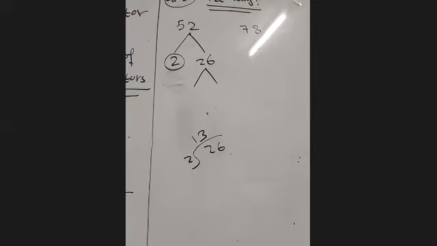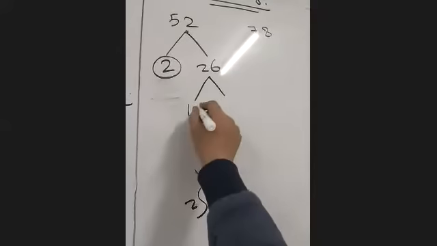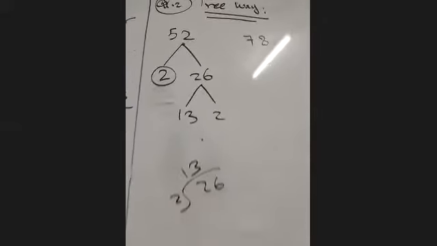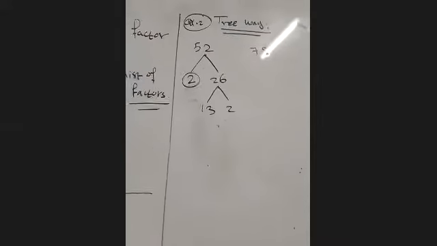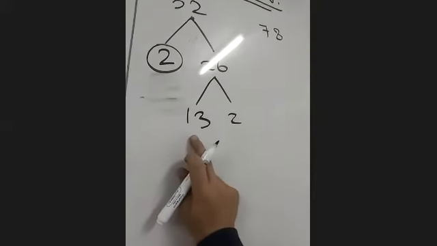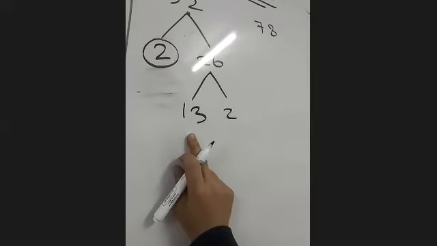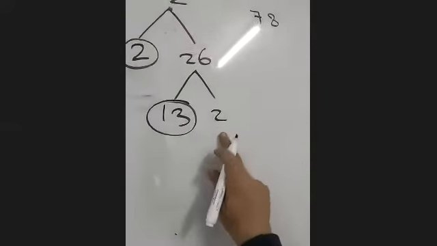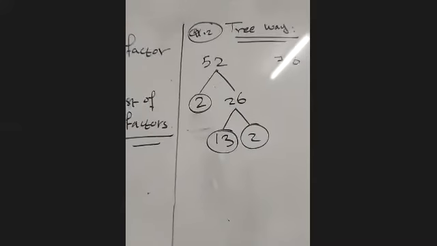There's a 0 remainder, so 13 multiplied by 2 equals 26. Now, how about the 13? Give me two numbers that multiply to 13. 1 and 13 only. So we circle it. How about the 2? Also circle. We are done with the 52.